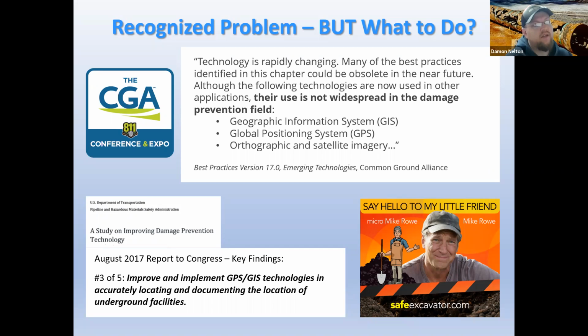If you turn your attention to the one in the lower left-hand corner, in the recent report provided to Congress in 2017, of the 5 key findings, checking in at number 3 is the improvement and implementation of GPS and GIS technologies in accurately locating and documenting the location of underground facilities.